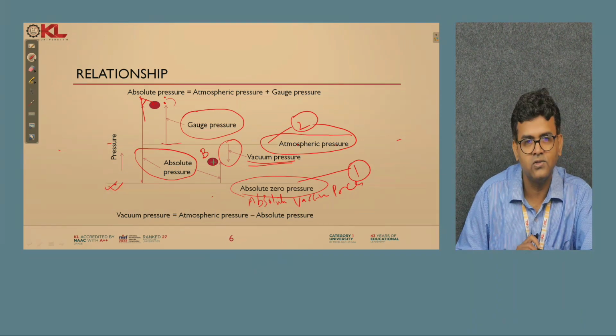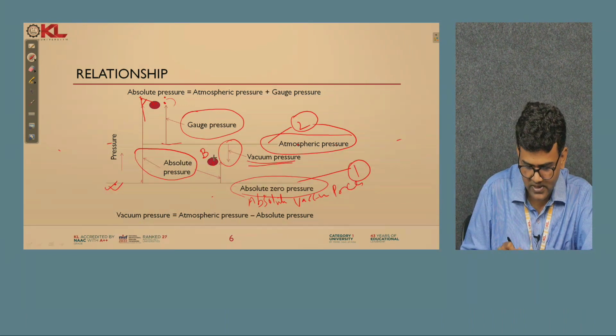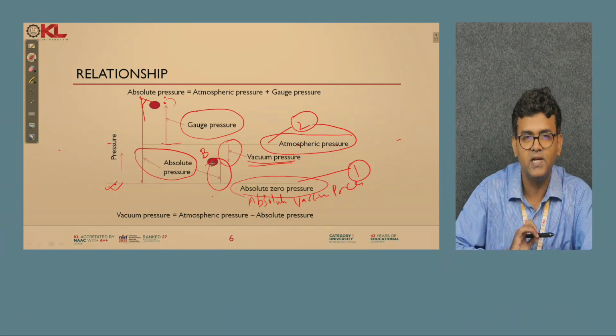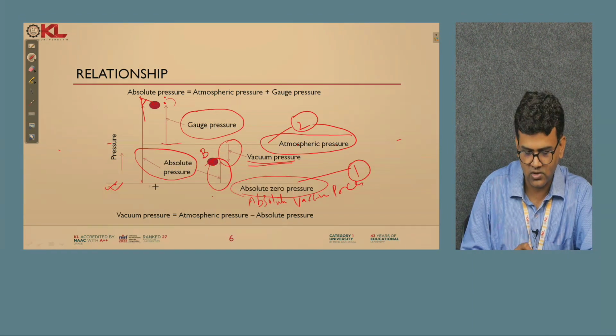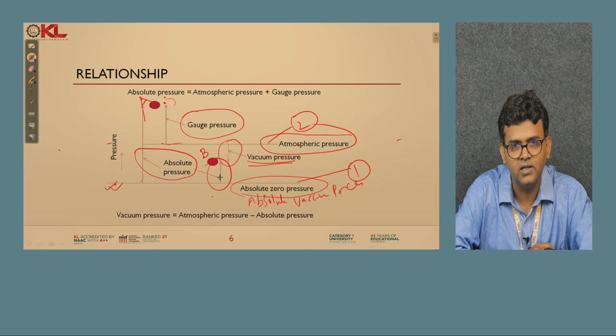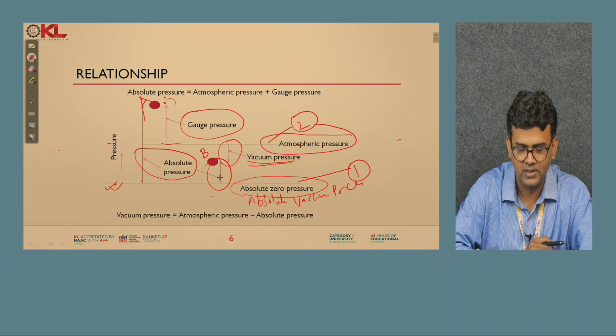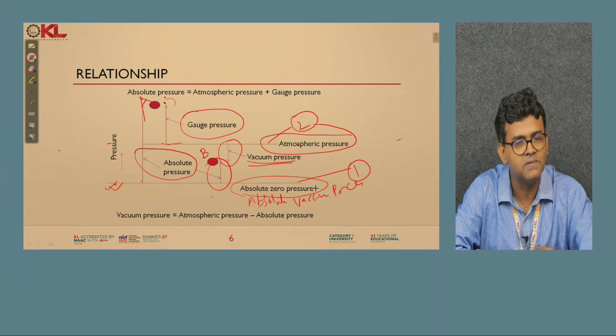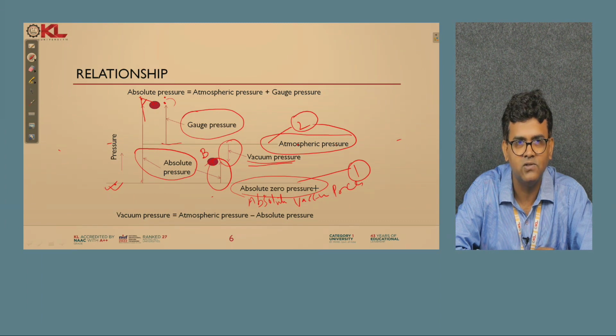At point B also, if you are measuring the pressure at point B in reference of this absolute zero pressure, then the pressure is called the absolute pressure at point B. If the reference line is absolute vacuum pressure, that is also called the absolute zero pressure. So now hope it is clear to you what is the absolute pressure.